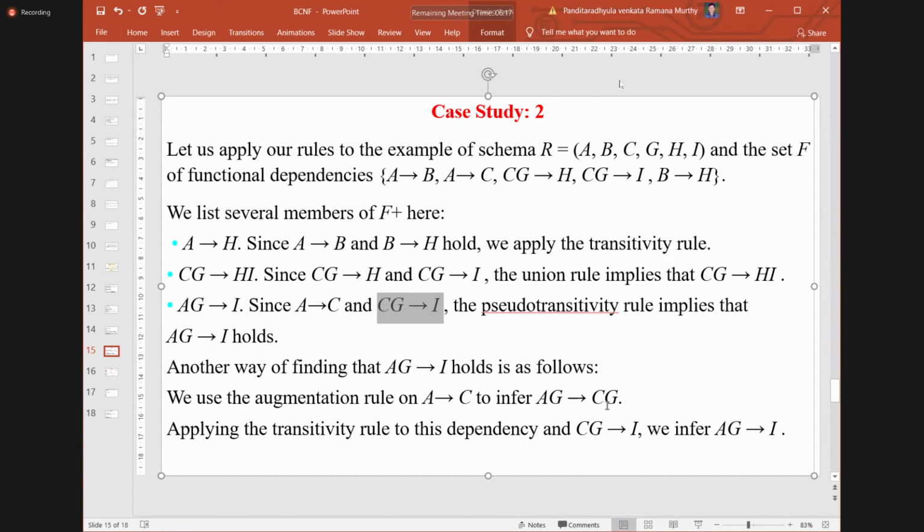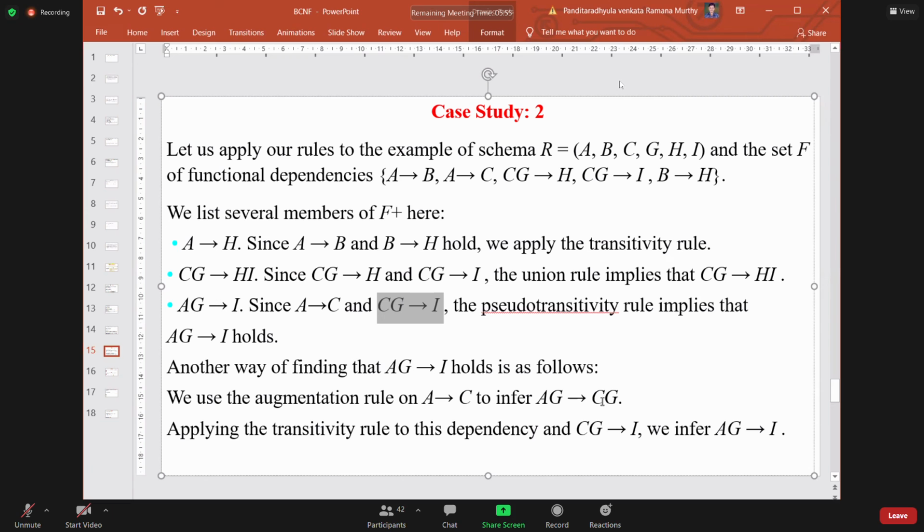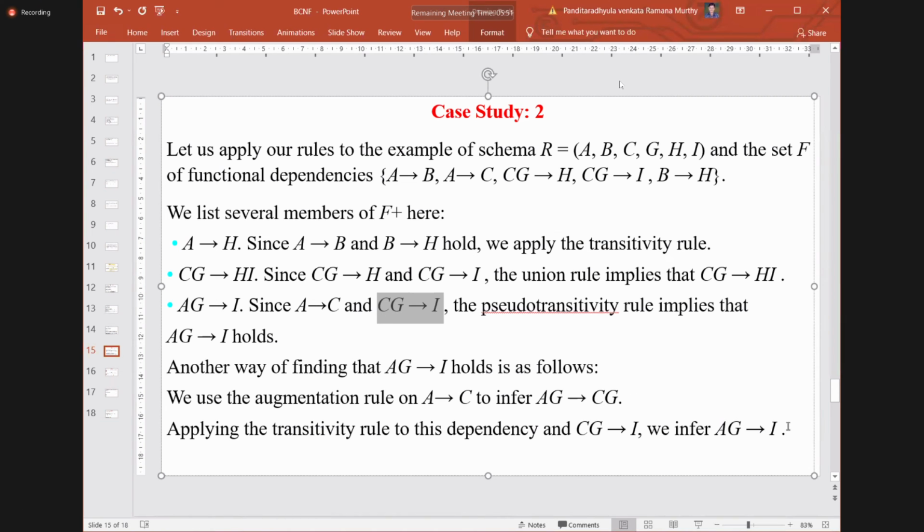A derives C becomes AG derives CG. But we know CG means I. If you know CG, you know I. So CG can be replaced by I. In AG derives CG, as we know CG means I, we can replace CG with I. Automatically you get AG derives I.